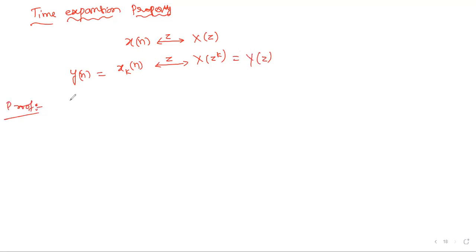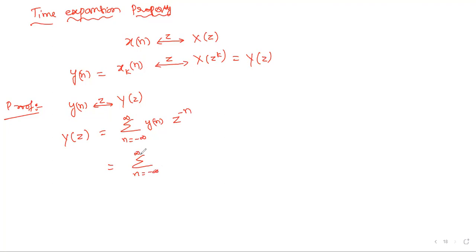Y(z) equals the summation from n = −∞ to ∞ of y(n) z^{−n}. In place of y(n), I will write x_k(n).